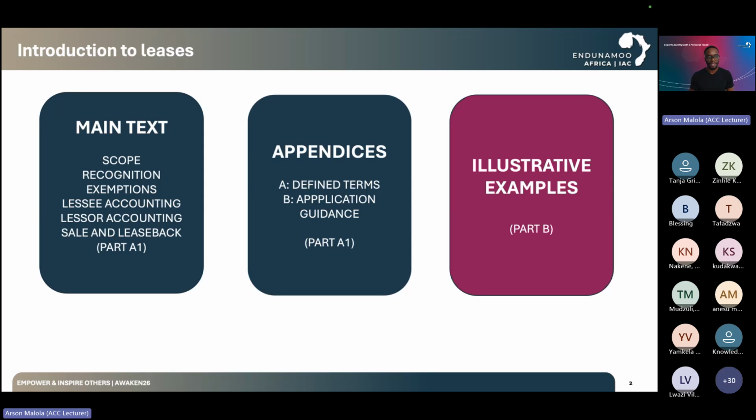Why is it a little bit of a curse, or does it make your life a little bit more tricky? That is because there's a lot of guidance in IFRS 16, there's a lot of material for your examiners to test, right? So it's then important that you're comfortable with the basic principles of IFRS 16, and I repeat, basic principles, right?